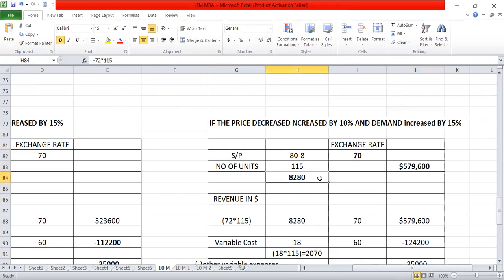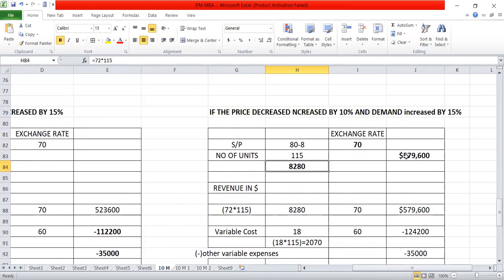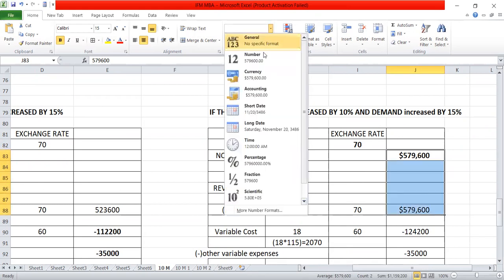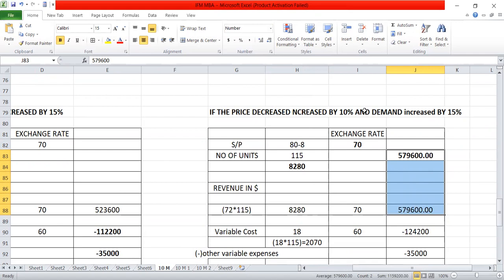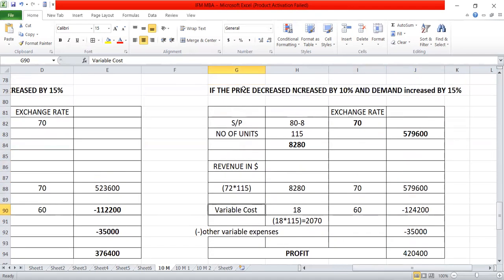This is in rupees. Next, the revenue is 5,79,600. Next, variable cost. Now the variable cost is also affected since the price is decreased. Earlier it was 20.